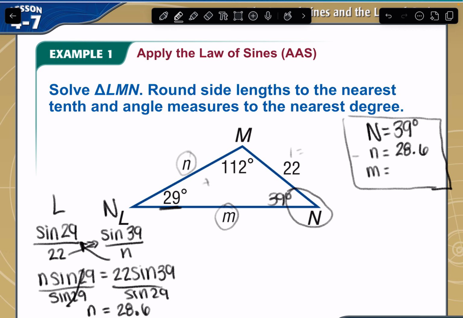Now that I know that piece of information, I could use n to help me set up and solve for m. You could still continue using L to solve for m. That's really up to you. If I have information that's given to me, so like sine of L, the angle measure and the side length was already given up front, like I didn't find that.